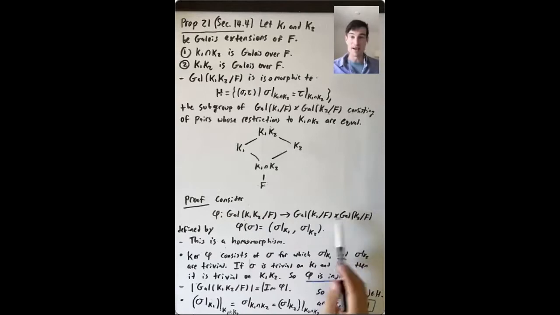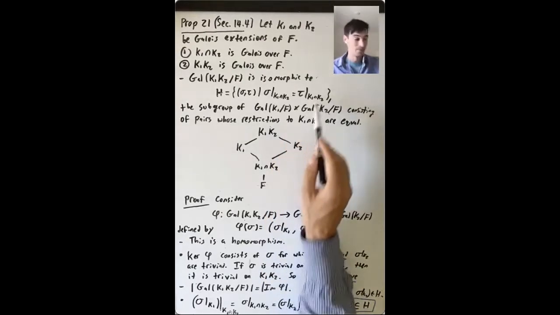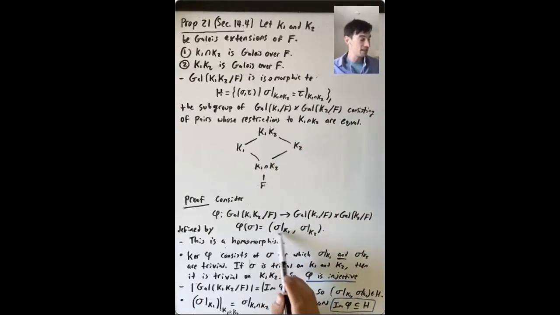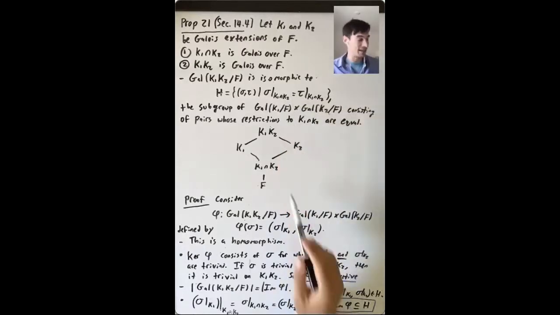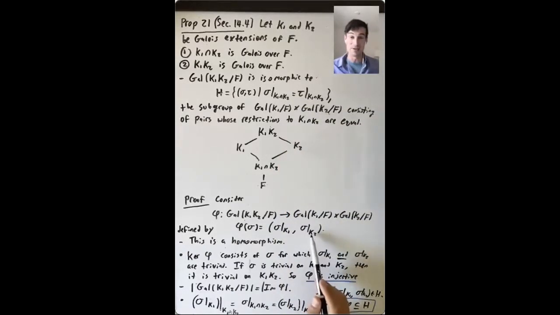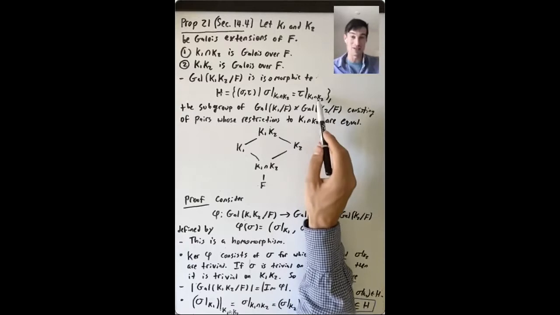Where does this image live? So it's some subgroup of this direct product of Galois groups. Let's take something in the image. It's of the form sigma restricted to K1, comma sigma restricted to K2. And let's see that it's actually in H. So we want to take sigma restricted to K1 and restrict it to K1 intersect K2, take sigma restricted to K2 and restrict it to K1 intersect K2.